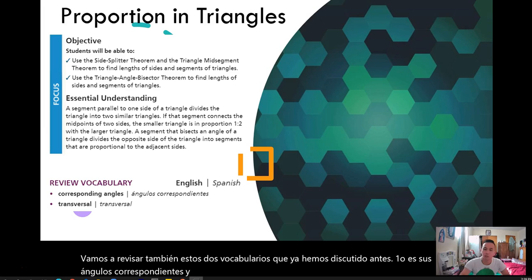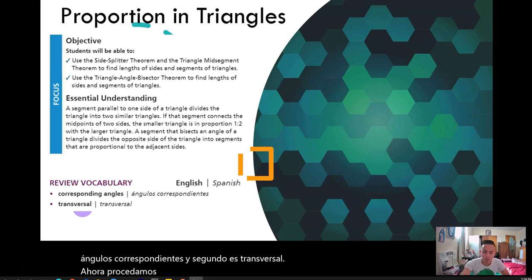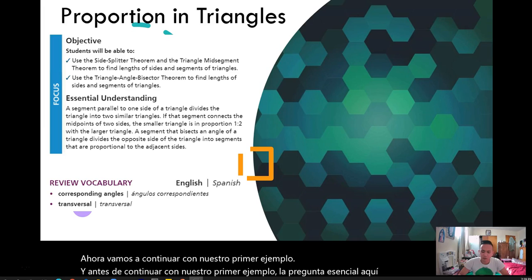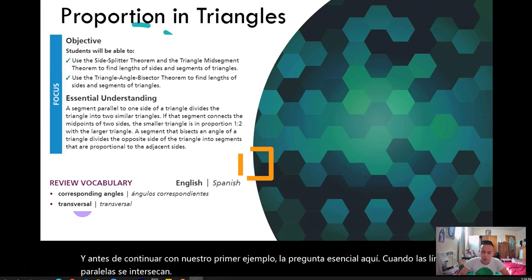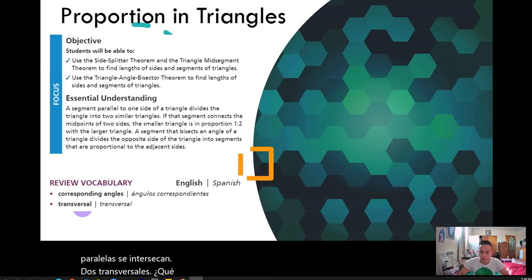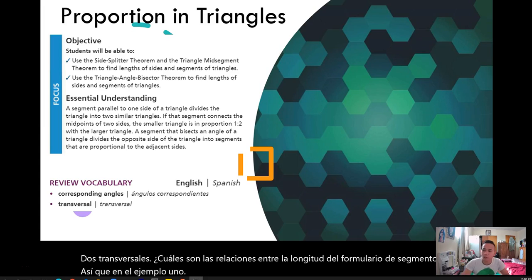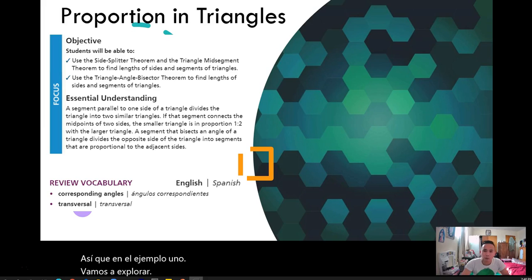Now let's proceed with our first example. Before that, the essential question here is: when parallel lines intersect two transversals, what are the relationships among the lengths of the segments formed? So in example 1, we are going to explore proportions from parallel lines.